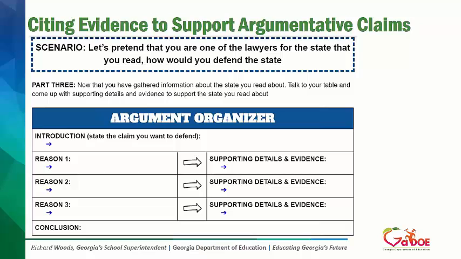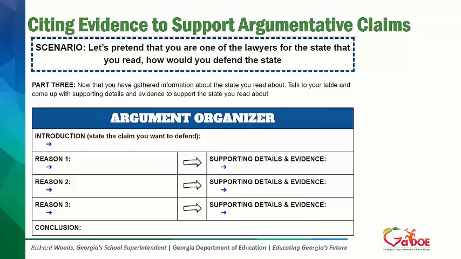I said, okay, I'm the judge, and you're going to have to tell me. They had to have good evidence and supporting details to tell me why they deserved the water, whether Georgia needed to keep it, or Alabama, or Florida needed to also get some of that water that we were lacking at that time.